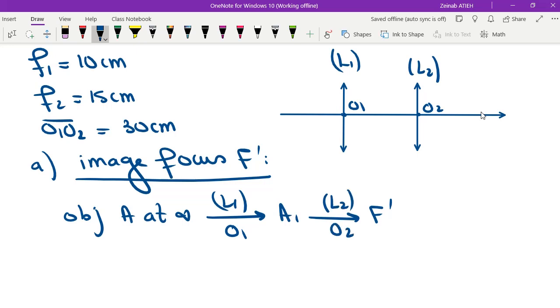Image A1 will give me a final image f prime with respect to lens L2, which has an optical center O2. First with respect to the lens L1 أنا معي ال A اللي هي على infinity بدي الاقي ال f prime.